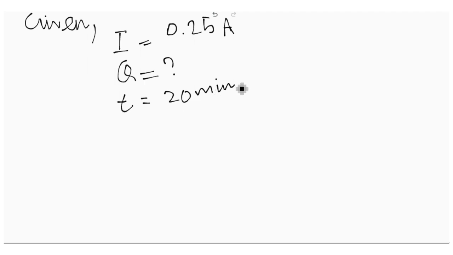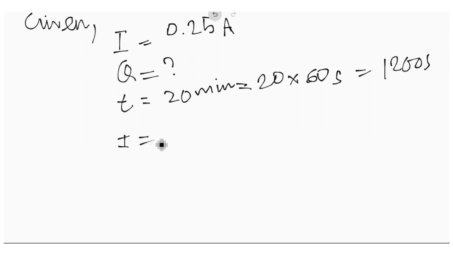Now 20 minutes we have to convert into SI unit. So 20 into 60 seconds is 1200 seconds. Now we know that I is equal to Q by T. So I is 0.25, Q is unknown, and T is 1200. Just put these values in and we will follow.